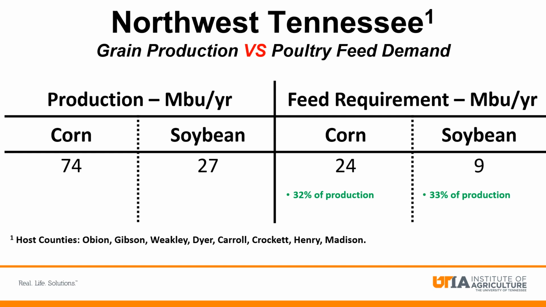You can see that the demand for corn, which is approximately 65% of the content of poultry feed, represents around 32% of the production in the host counties. So this is a very significant demand on grain production in our state. And in the case of soybeans at 9 million bushels per year, about 33% of the production for these host counties.